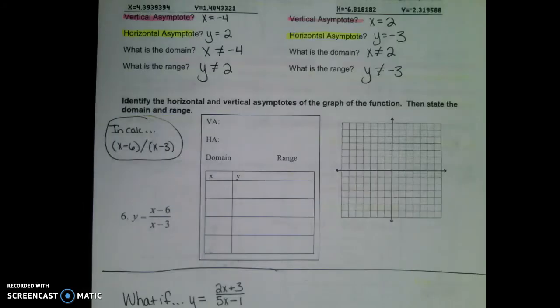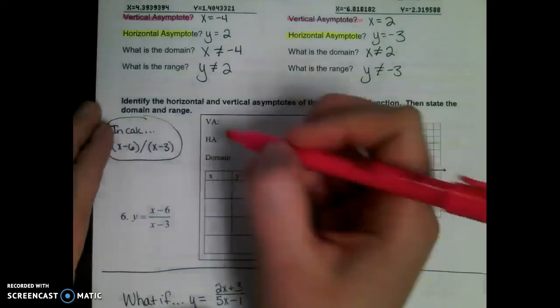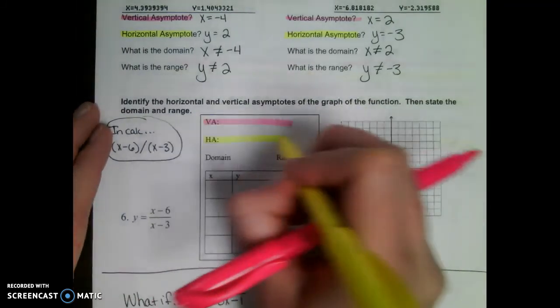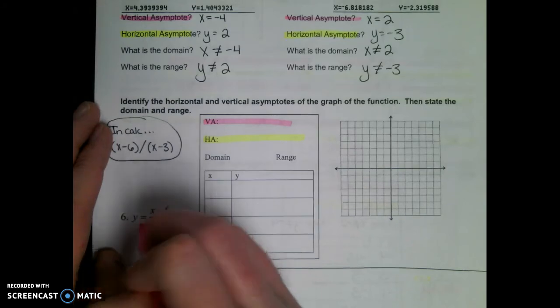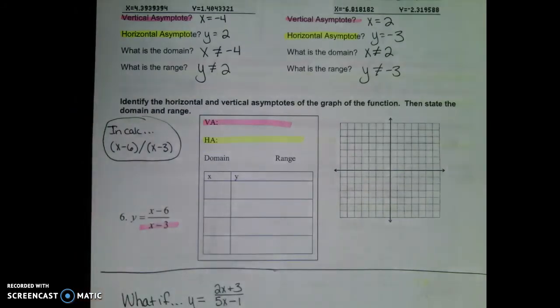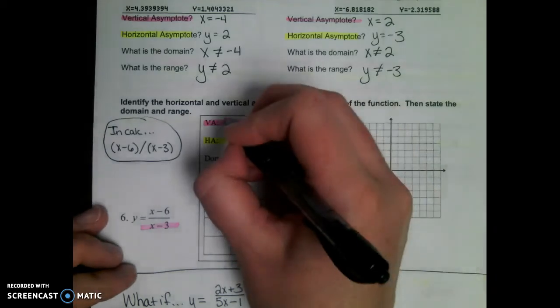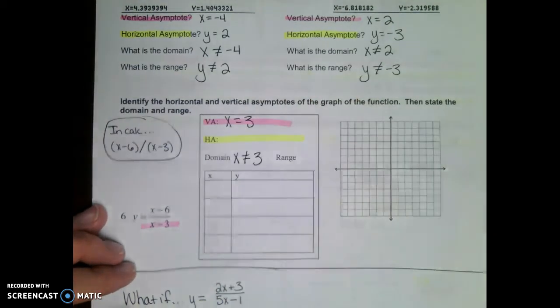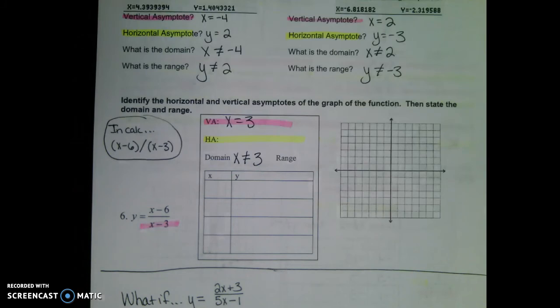For the one that we have to graph, before we enter it in the calculator, let's look at the vertical asymptote and the horizontal asymptote. The vertical asymptote comes from when the denominator would equal 0. So what x value would make x minus 3 equal 0? Positive 3. And then you can go ahead and knock out the domain at the same time.